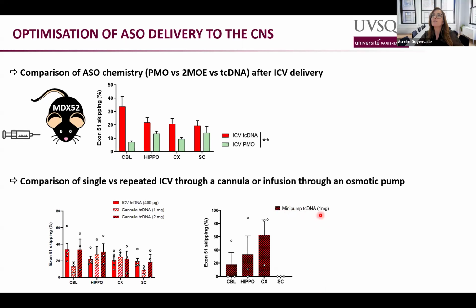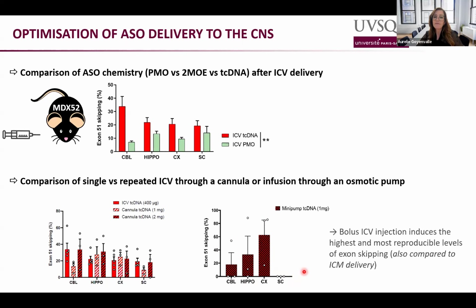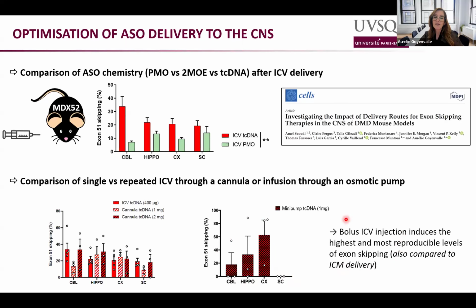We even went up to 2 milligrams of oligonucleotides, but it turns out to be very variable depending on the animal. We had one mouse that was responding extremely well, but most of the time we obtained relatively low levels. So in the end, we concluded that the most reproducible injection method, leading to the highest level, was the bolus ICV injection.